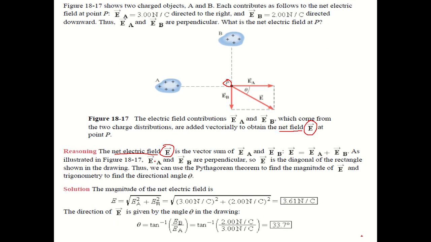Since the electric fields of objects A and B are perpendicular, the net electric field E is the diagonal of the rectangle shown in the drawing.